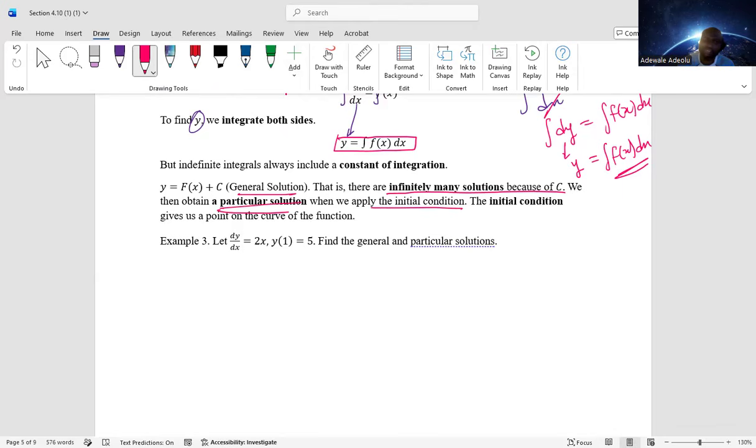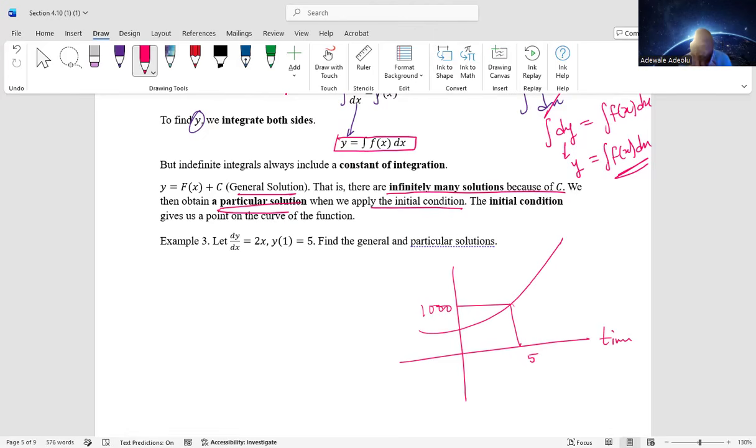The initial condition gives us a point on the curve of the function. Suppose we have this curve representing that function, and we say at time t equals 5, our population is maybe something. Maybe at time t equals 5, our population is 1,000.